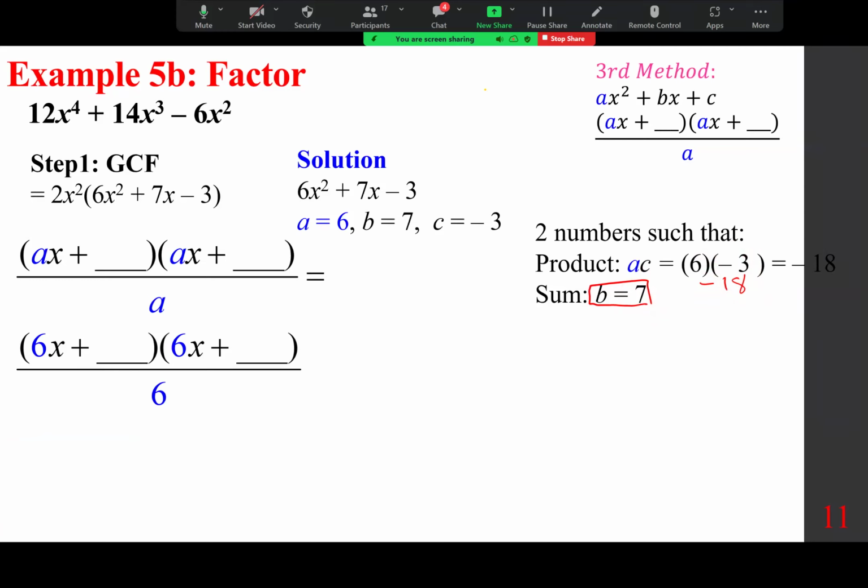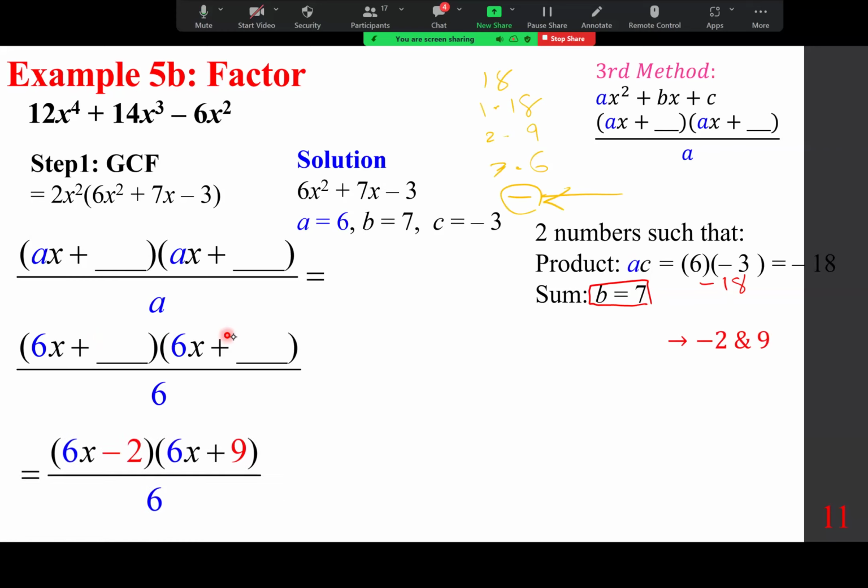So you look at 18 and you say 1 times 18, 2 times 9, 3 times 6. And I put a negative sign here, meaning one of them must be negative. You follow what I'm saying? Such that the sum is 7, and that would be negative 2 and 9. So throw in negative 2 and 9 anywhere you want, in any order you want.